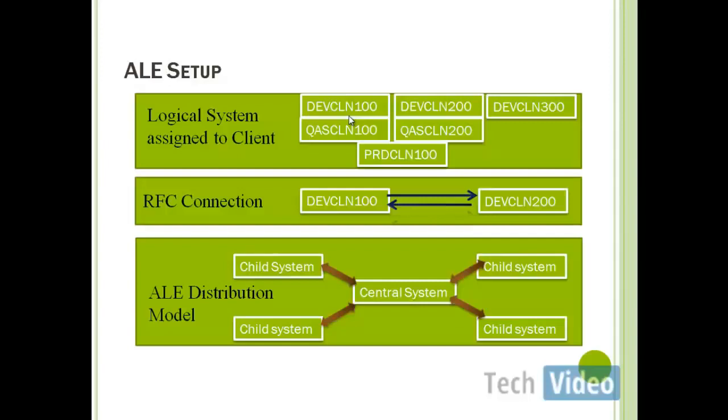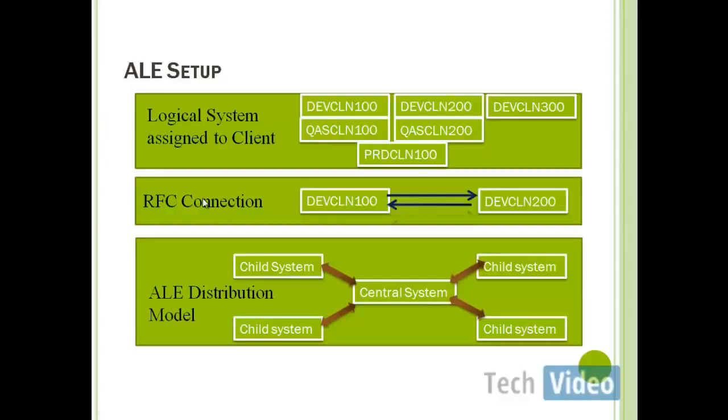So the communication between one logical system to another logical system, that means one specific client to a different specific client, in our case our central system to the child system, that communication between these two logical systems will happen using RFC connections. We already know what is an RFC connection and how to create an RFC connection.